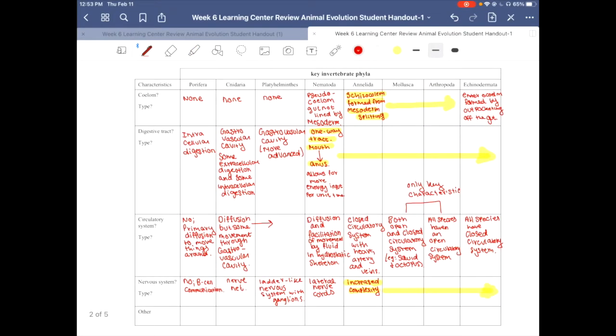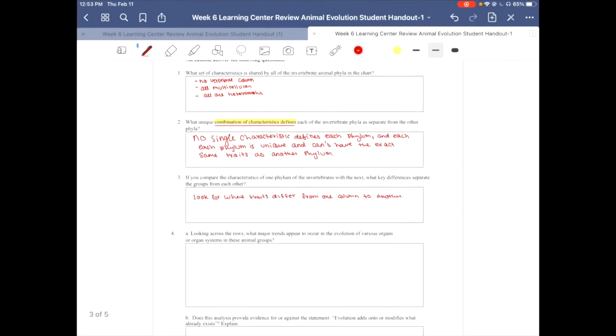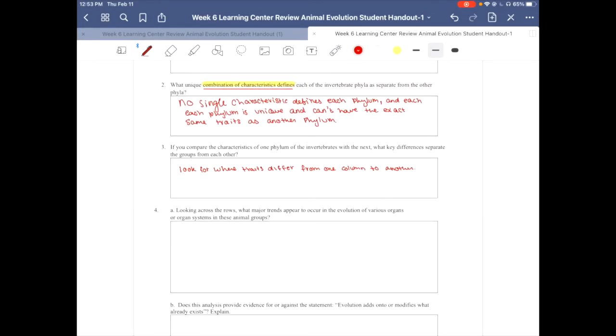So when you're studying off of this worksheet, I would pay close attention to the highlighted parts. Here I'm going to write, remember the major changes that were introduced.